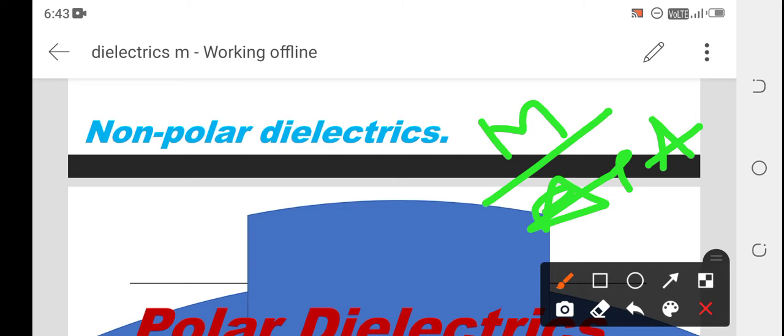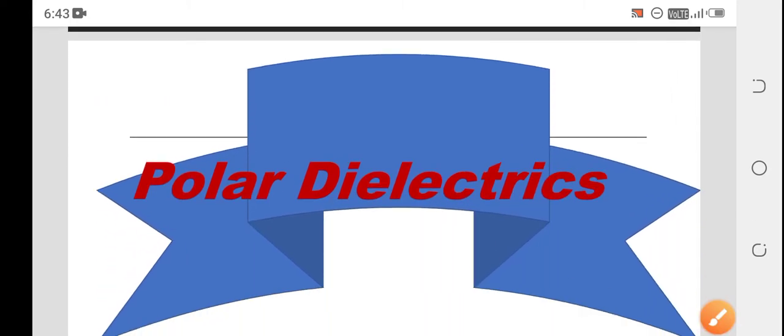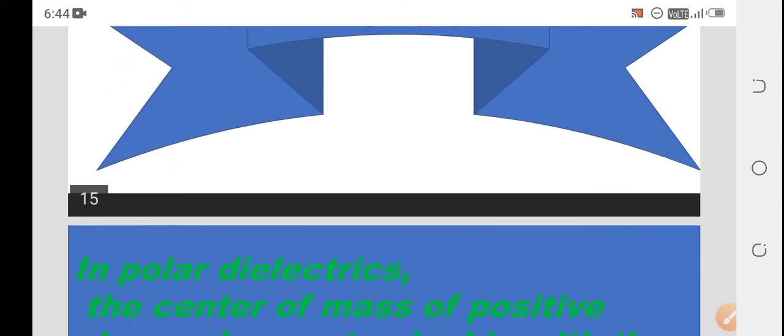Carbon dioxide has carbon and oxygen. So the combination of two or more atoms is considered a molecule. Based on this molecular concept, the dielectrics are classified into polar and non-polar.